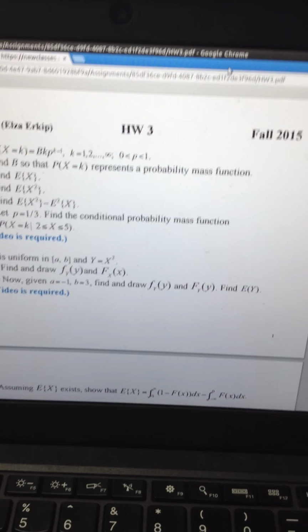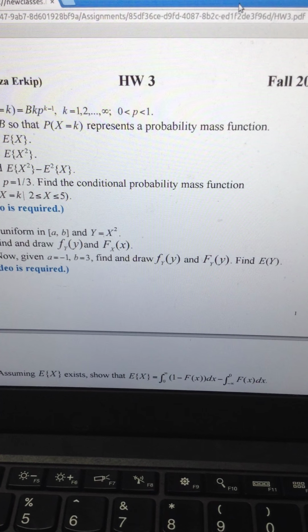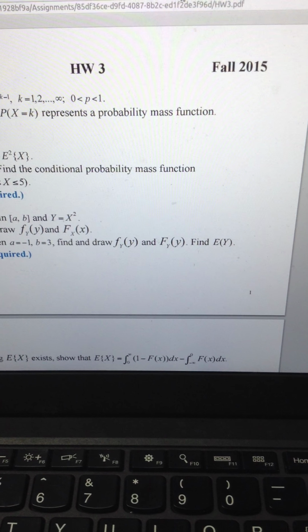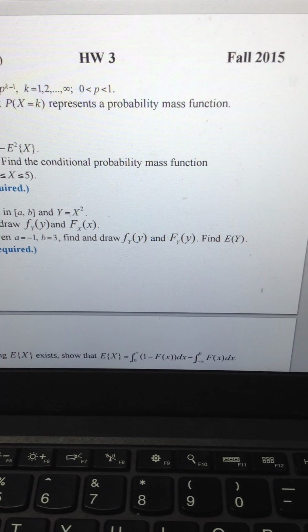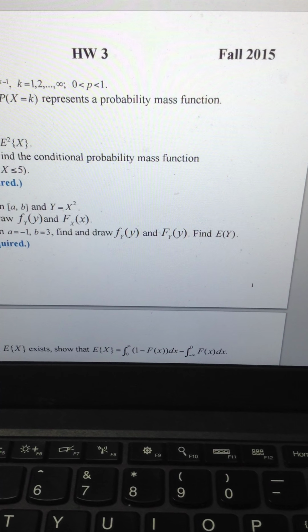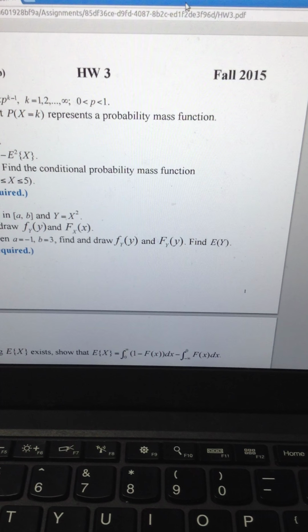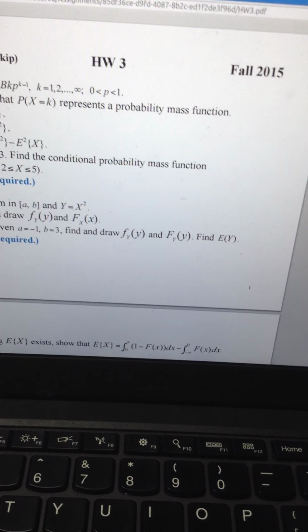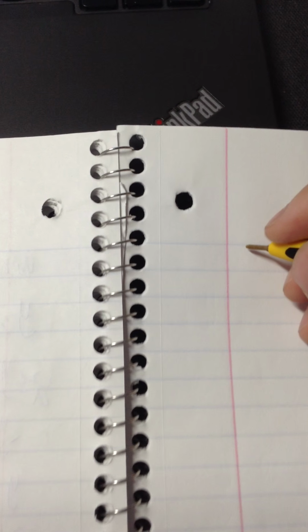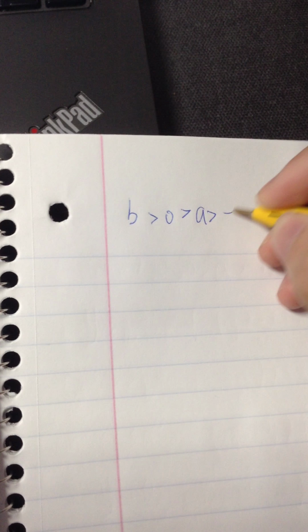Question B is, given a equals -1, b equals 3, find and draw the density function fy and the CDF, and find the expectation of y. So this situation is b bigger than 0, bigger than a, bigger than minus b.